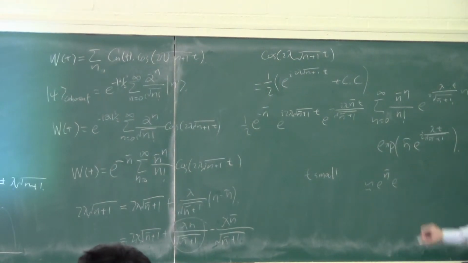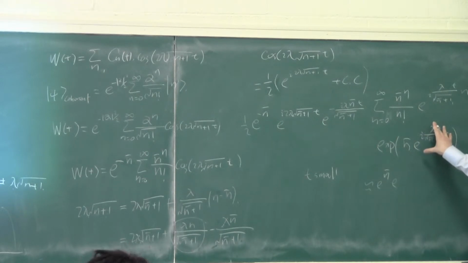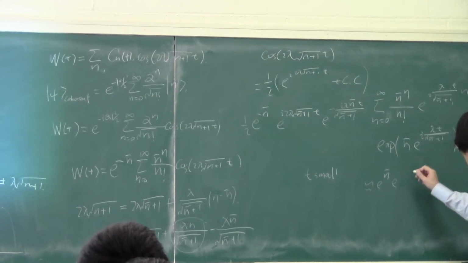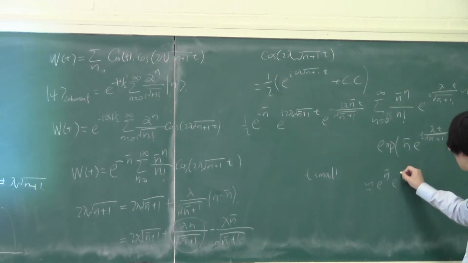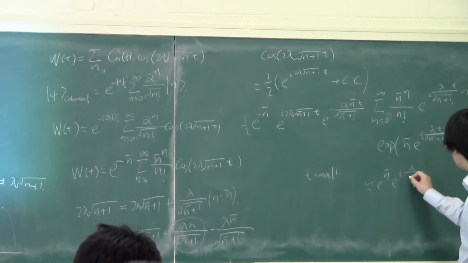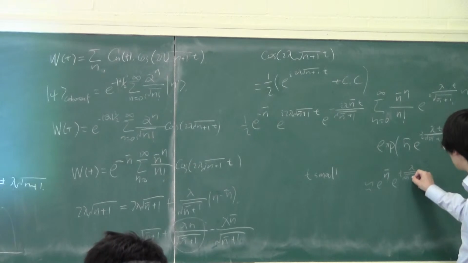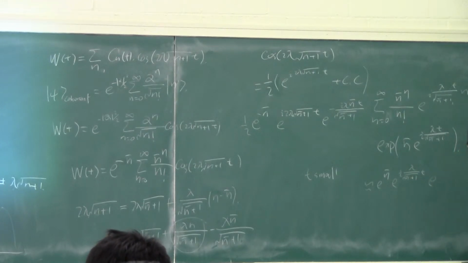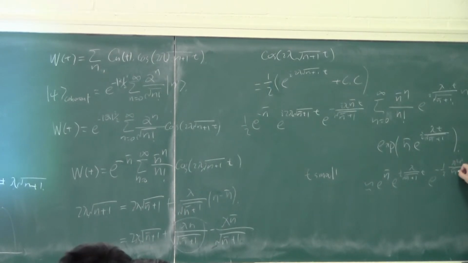And then turning this expansion goes into a sum, and when the sum is on the exponent, it goes into a product. So this is like e to the I lambda t square root of n bar plus 1, e to the minus 1/2 lambda squared t squared divided by n bar plus 1.